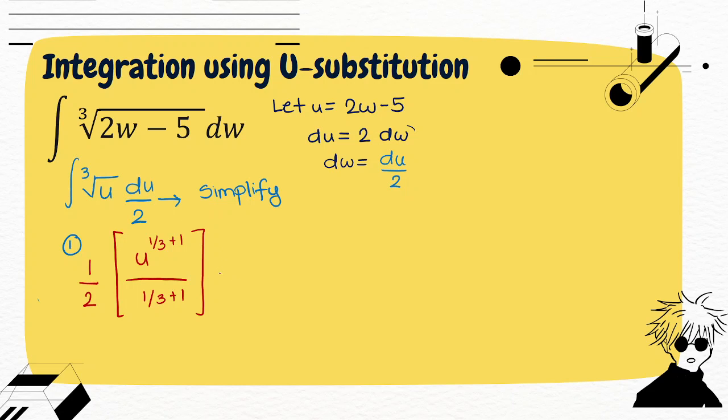Plus C. So, to simplify this one, what's the answer? 1/2 times u raised to 1/3 plus 1. This is u raised to 4/3. So, ano nasa ilalim ko? Si 4. Nasa taas, si 3. So, ang sagot, 1/2 times 3/4 times u raised to 4/3, plus C.